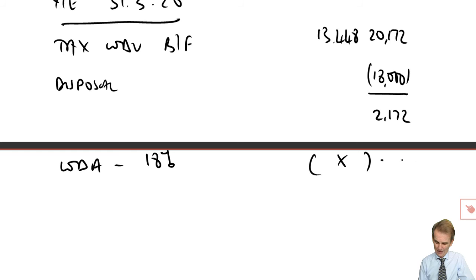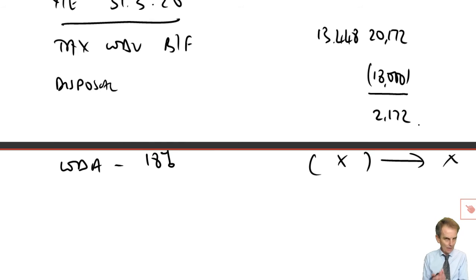That figure would go in, transfer across, in the allowances of the period. You can do an 18% calculation. The interesting one is about what do we do with this £2,172. Now that's where this so-called balancing adjustment comes in.